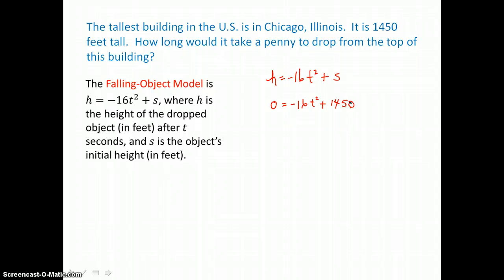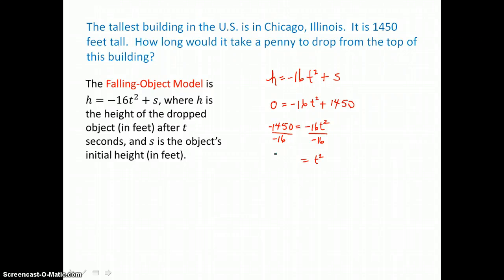Okay, so we can use our method of taking square roots by getting t squared alone. There's no t term in this quadratic equation, so we want to get t squared alone. So I'm going to subtract 1,450 from both sides to get my t squared term alone, and then divide both sides by negative 16 in order to get just t squared.